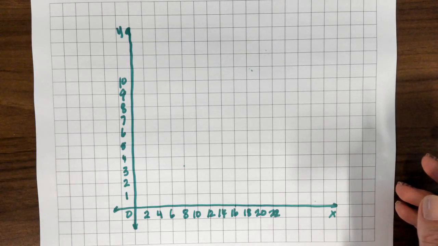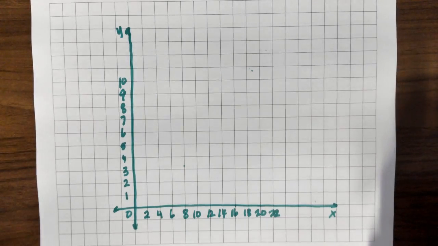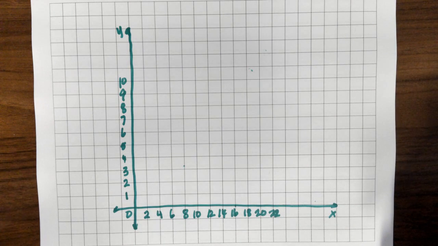Then we also could see graphs that are numbered differently on the x-axis and the y-axis, because with this unit we also teach scatter plots. So we don't always have to have the x-axis and the y-axis numbered the exact same way. They may have different scales, and that is okay.